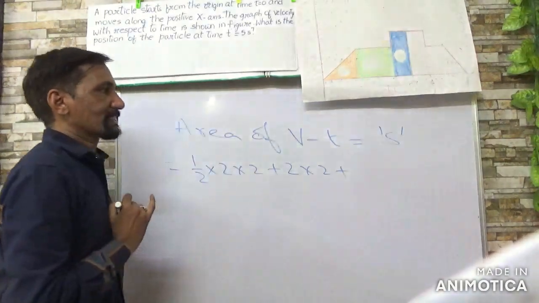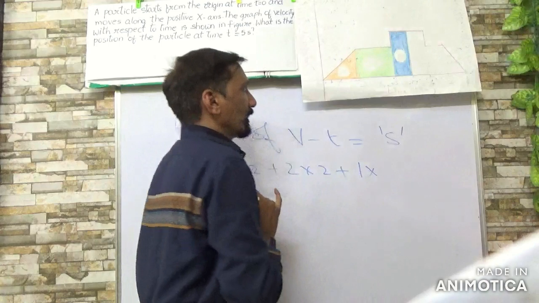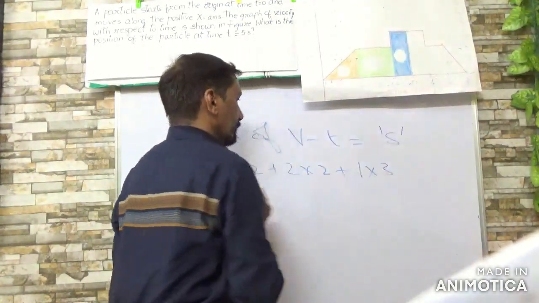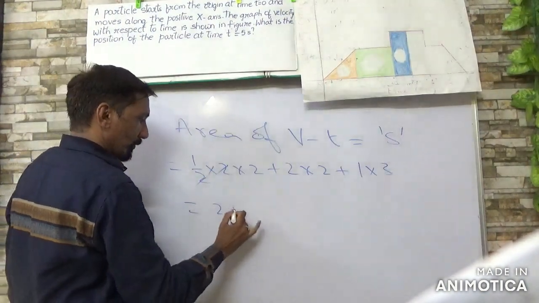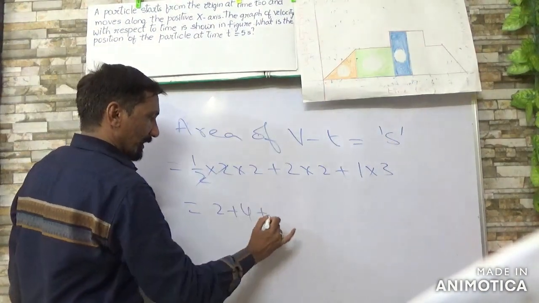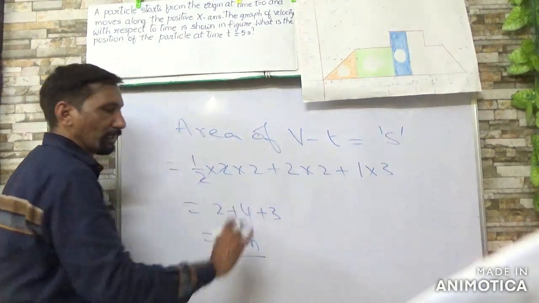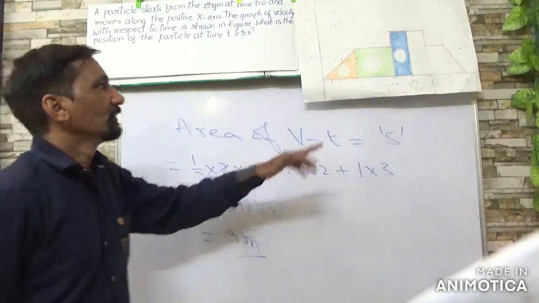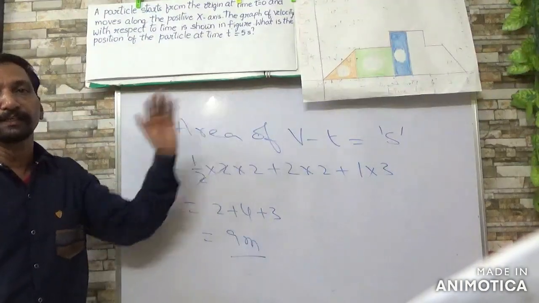Plus 4 to 5, 1, difference 3. Okay, so 2 plus 4 plus 3, 9 units, nothing but 9 meters. Means its displacement after 5 seconds becomes 9 meters.